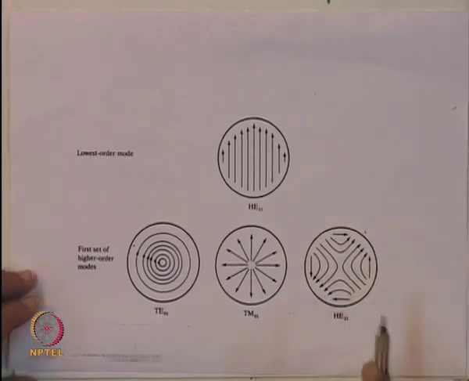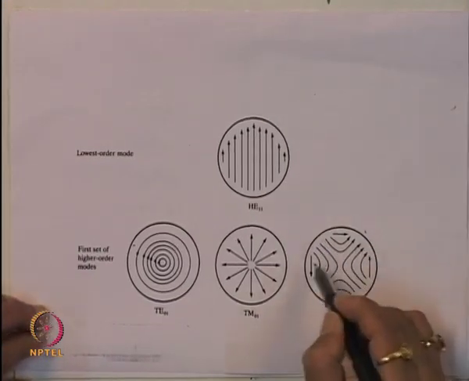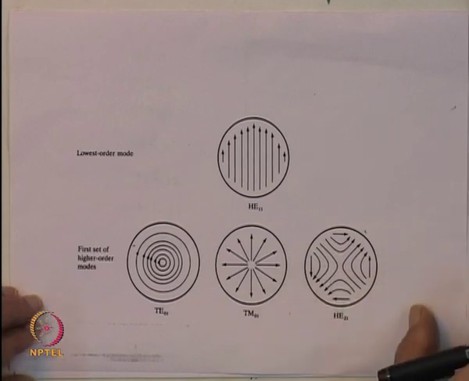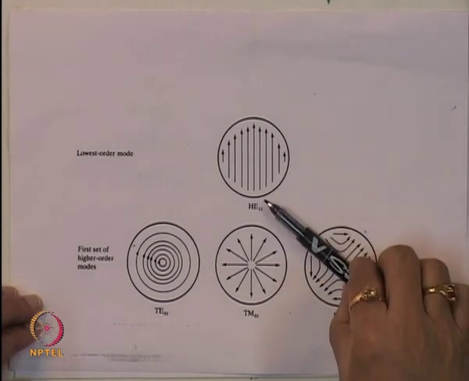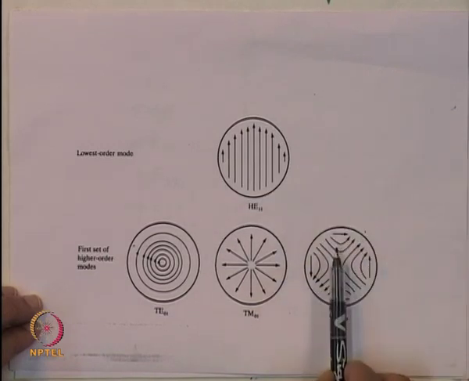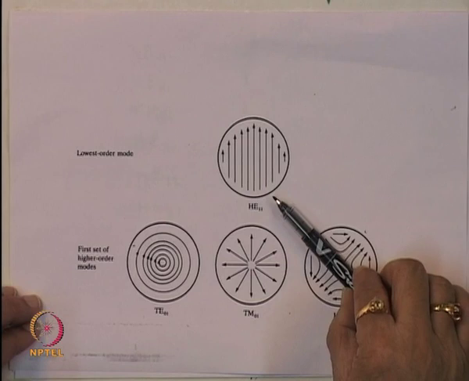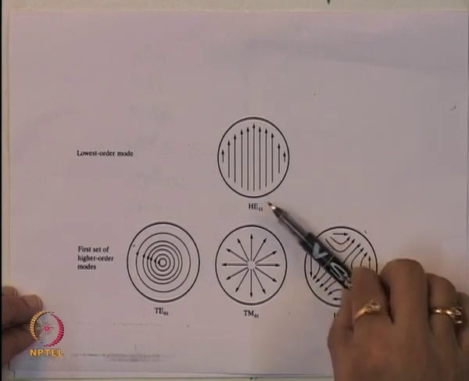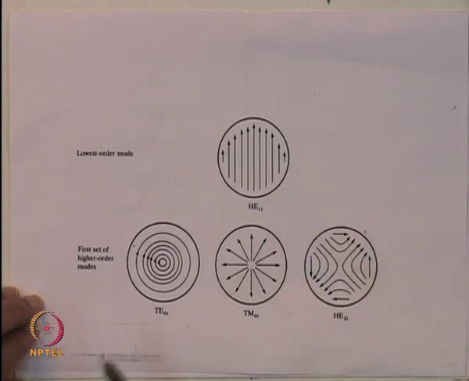What about the HE21 mode? I have this field distribution for the HE21 mode, but if I take this field which is this way, if I change it to this direction, where this was completely horizontal, this is radial, I will get an orthogonal field distribution corresponding to this.